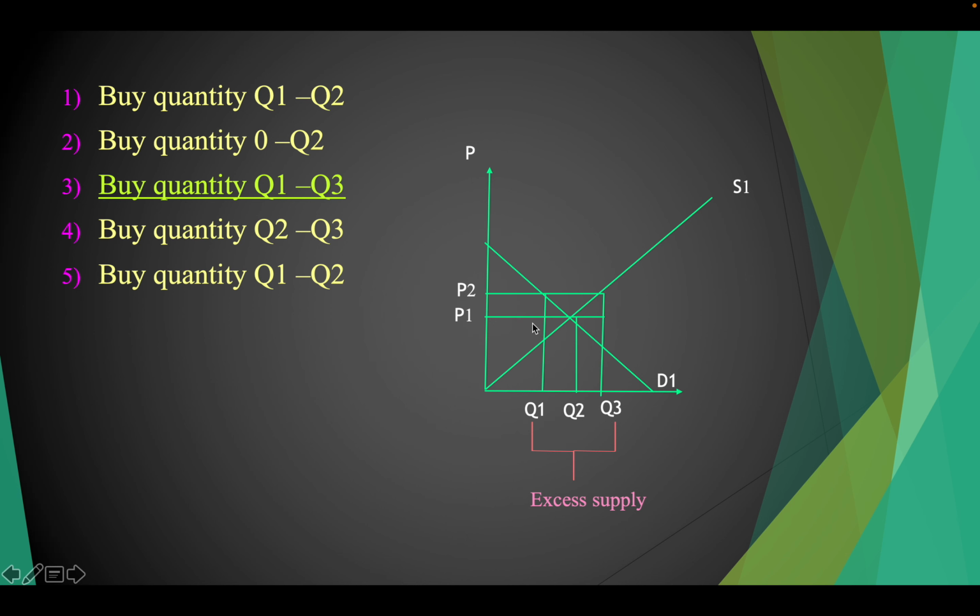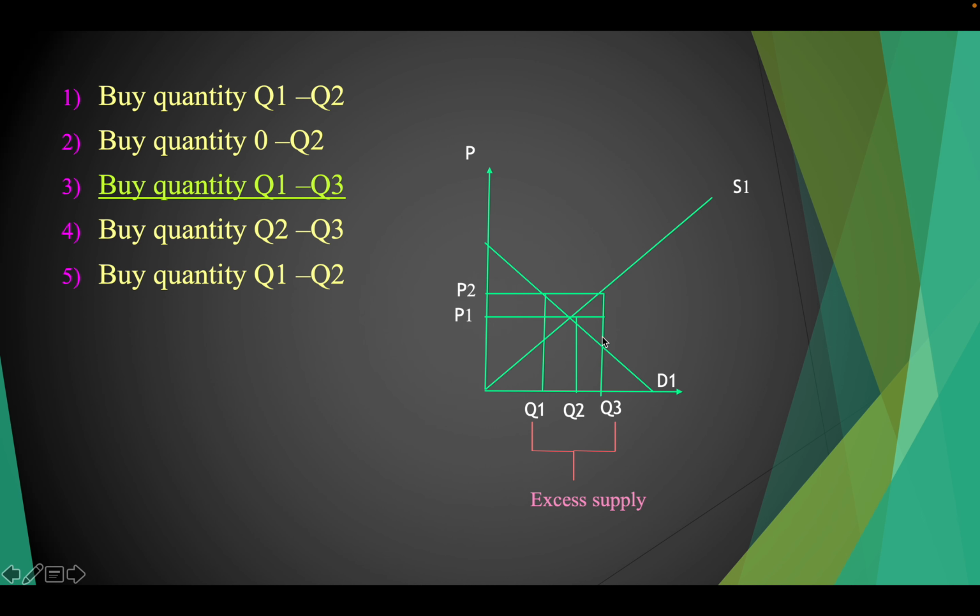So for that the quantity Q1, that means where the demand curve intersects, this is QD, the demand at that price, that means the minimum price. So at P2 minimum price, where the supply curve intersects, this is the supply curve, this is the P2 minimum price, this is the place the supply curve intersects.